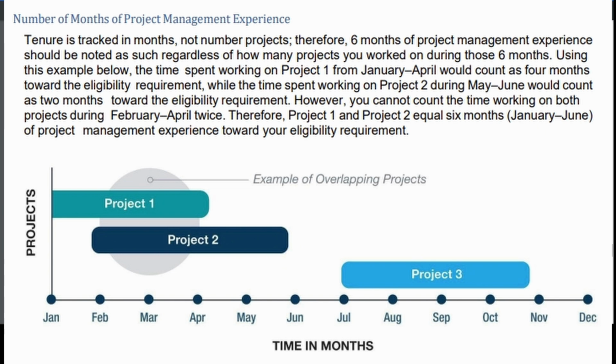So I would just be able to count January to June as an experience, and of course that is over 2 different projects. If I don't complete a project between June and July, I will not be able to count that month. And then if I started a 3rd project in July and went to November, I could add that project in.